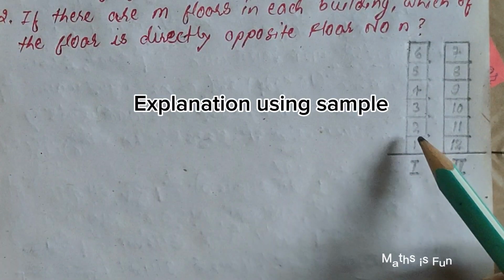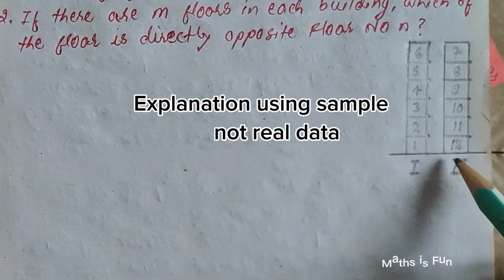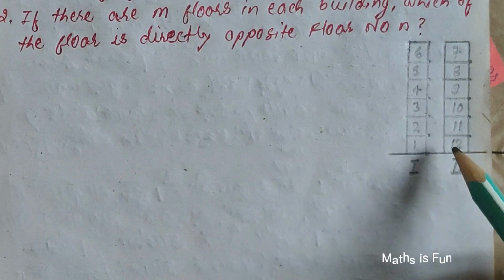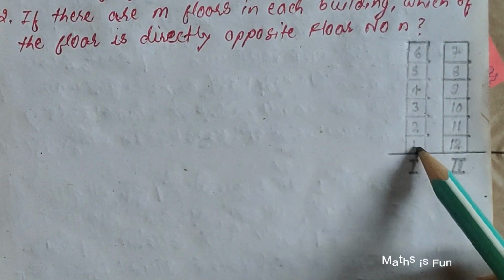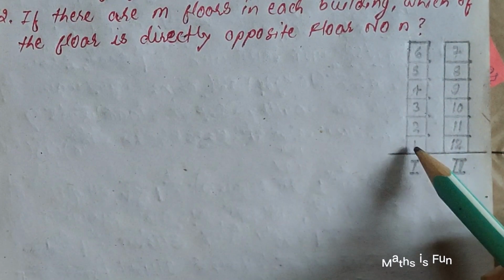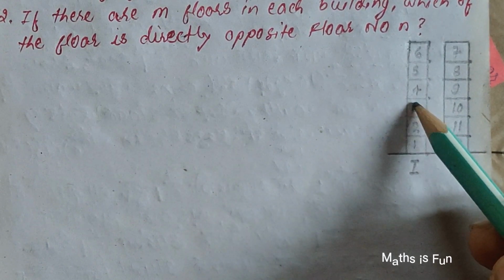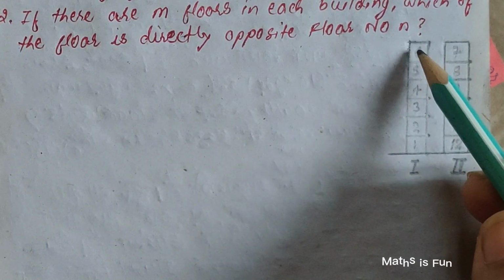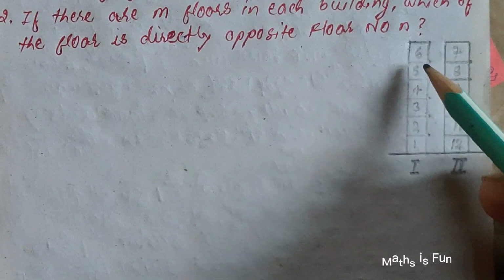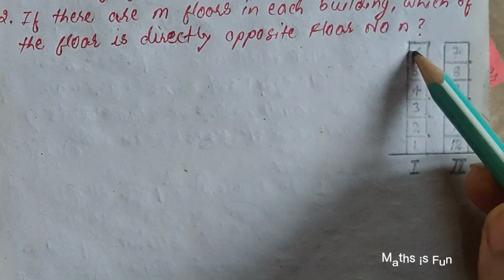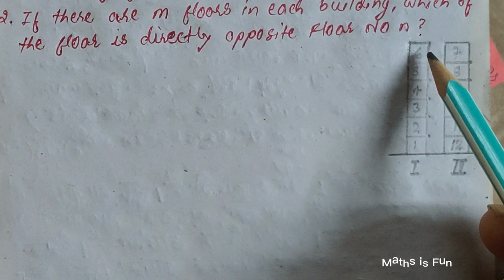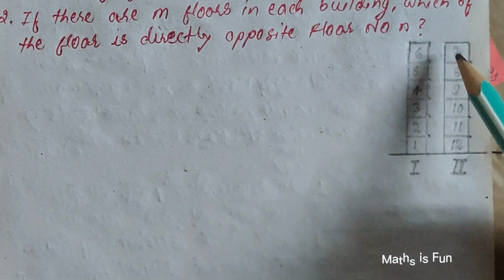So you can see that there are two buildings, building number 1 and building number 2. The counting of floors starts from the ground floor of building number 1. So it goes like this: floor number 1, 2, 3, 4, 5 and 6. So the top floor of building number 1 in my sample is floor number 6. Then the counting continues in the opposite building, building number 2, top floor.